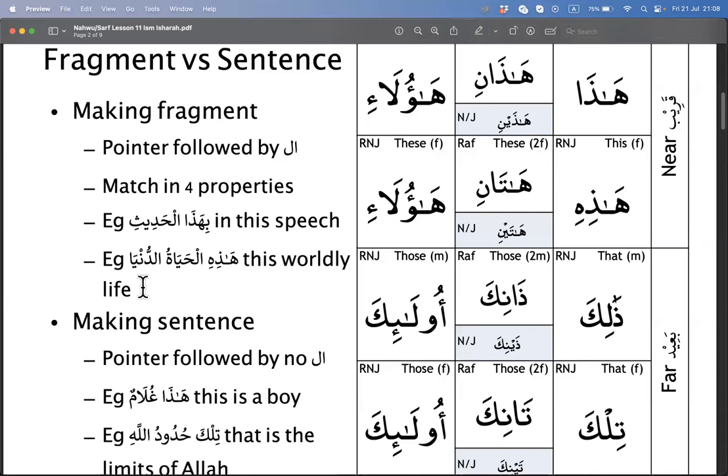Oh, no, it's not nasab, it's rafa? Because of ya ani, right? No, it cannot be ani because what is making it light? Nothing is making it light. So not ani.